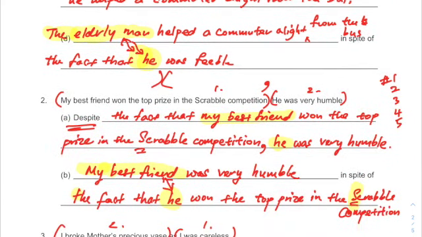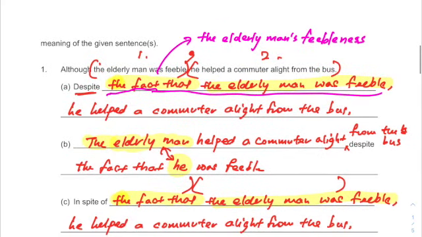Question number 2. Despite the fact that my best friend, I'm going to change this. You know what? Actually, I can change this earlier example to an even shorter one. Okay?